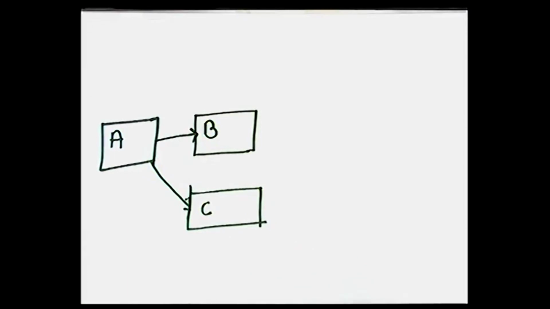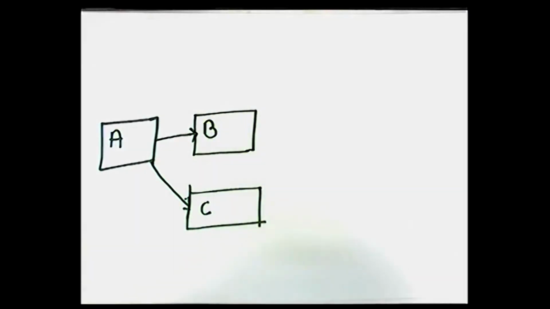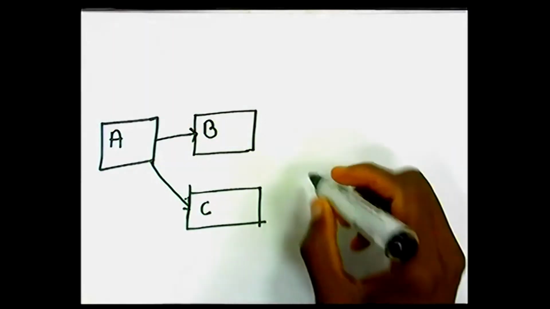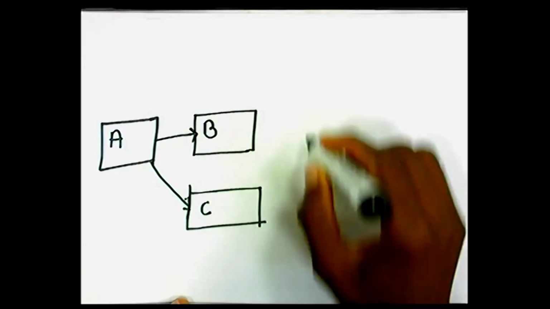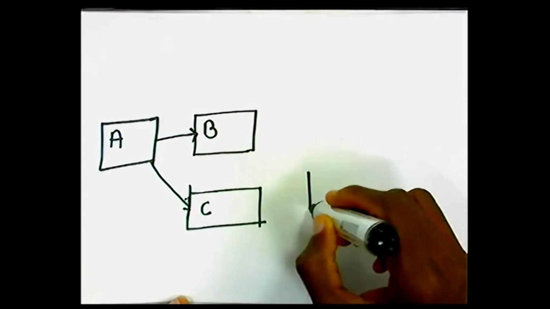So the next one is D, and D is preceded by activities B and C. Where are B and C? This is B, this is C. So I can put D somewhere and just connect my arrows. I could put it here, here, here. Okay, so I'll just put it anywhere here.